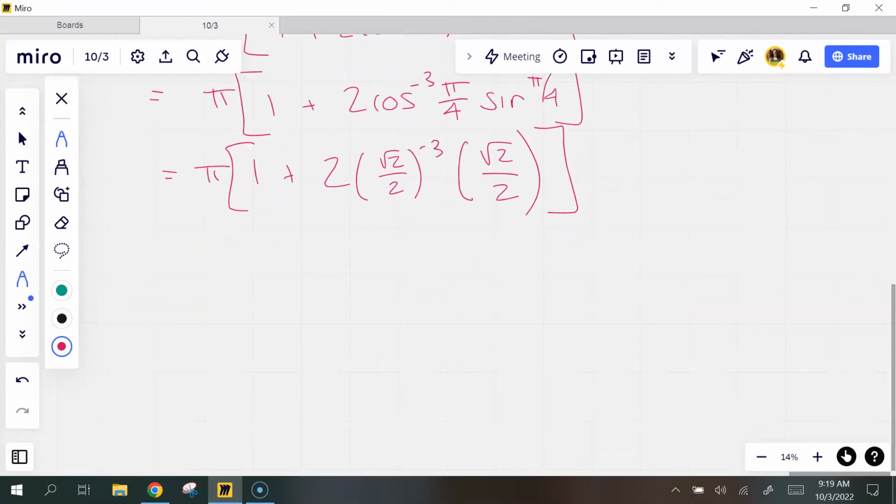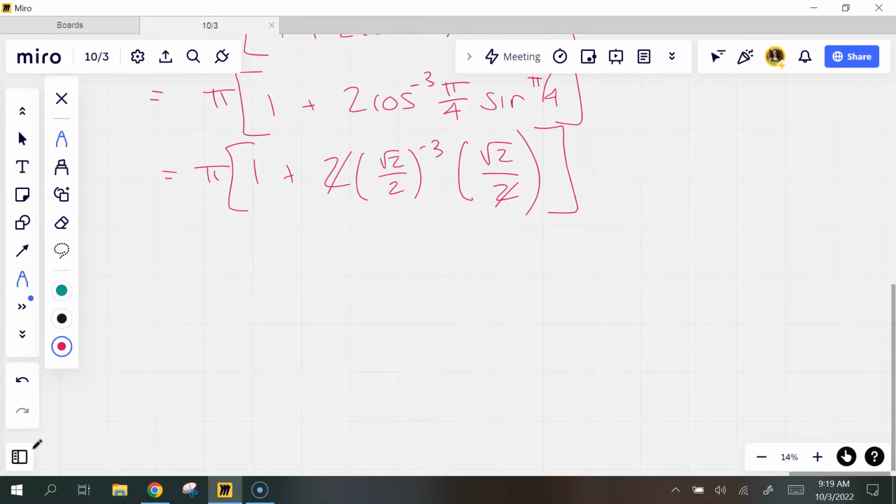Y'all's favorite part now. I'm going to mark those out. This one has an exponent on it, so I can't mess with that one. But this is just 2 times. I can multiply in any order I want to, right? So I'm just choosing these 2. I don't know if that's going to help me or not.